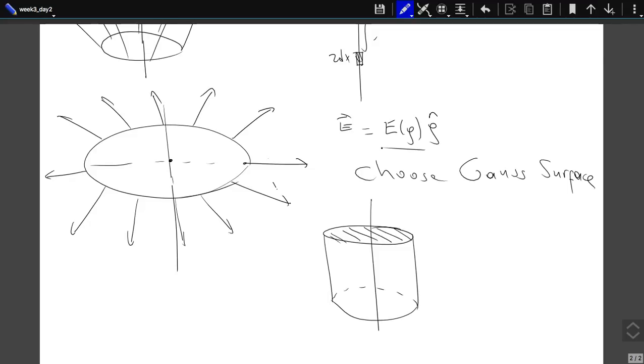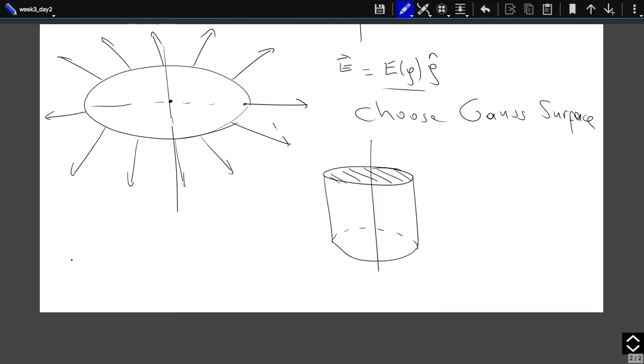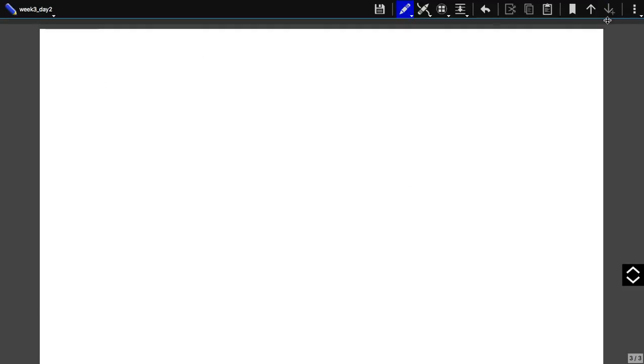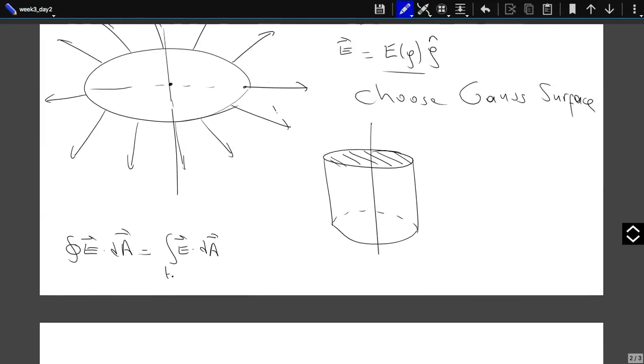Now, once you identify a suitable Gaussian surface, the application of the rest is kind of trivial. I mean, the most difficult part in applying the Gauss law is how do you choose a given surface? Now, let's see. E dot dA over the cylinder will be E dot dA from the top plus E dot dA from the bottom plus E dot dA from the side.